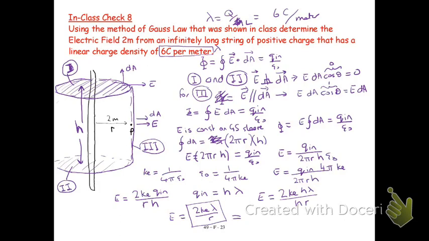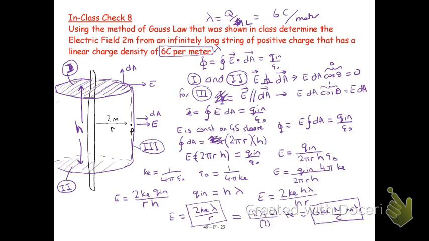So this equals 2 times 6 over, how far were we away? 2. KE, which equals 6 KE newtons per coulomb meter squared. Cool.